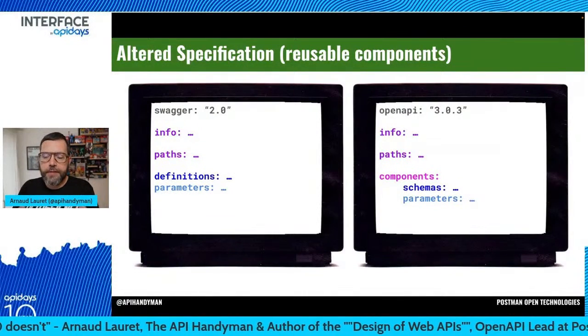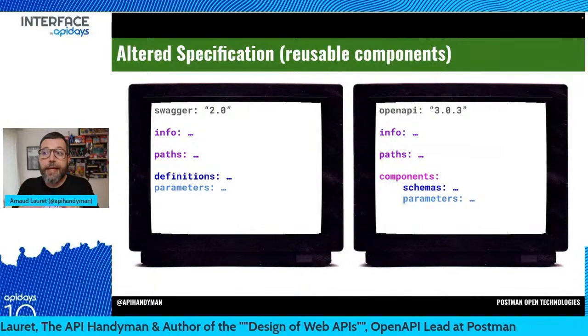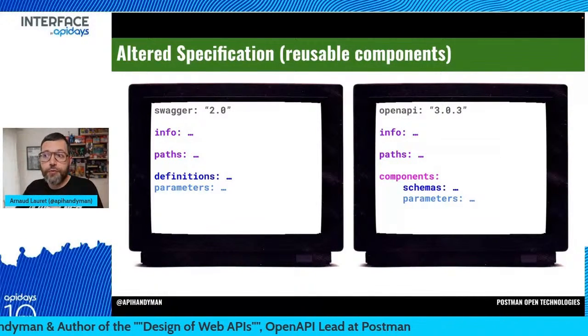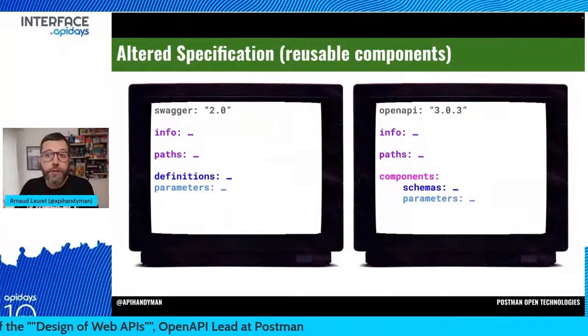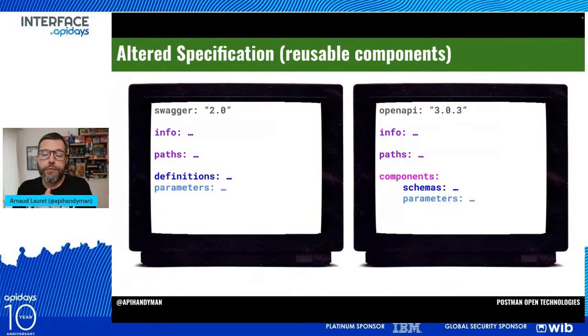Many people were thinking that all parameters defined at this level were applied to all operations of the API, which was not the case. The parameters at the root of the Swagger 2 document are reusable parameters that you can use in any operation. So all reusable components are now in a dedicated section, which is called components. This is where you will find the definitions, which are now renamed schemas, the data models you can use across the API, and parameters, and many other things.